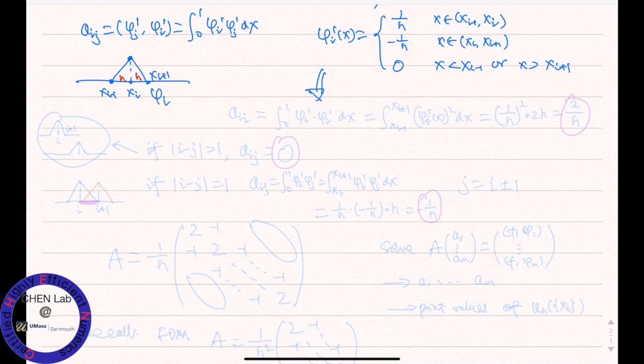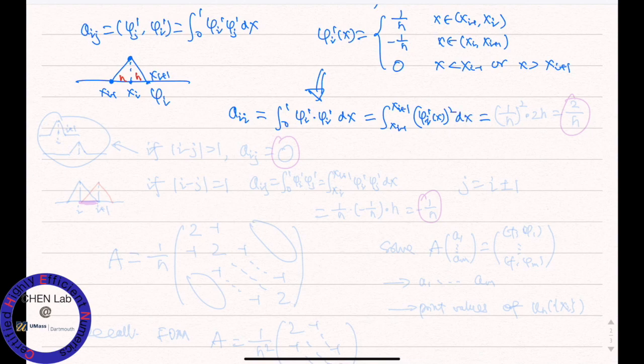Which means we can calculate a_ij. In particular, a_ii, when i is equal to j, is the integral of phi_i prime times phi_i prime dx. This function times itself is only non-zero between x_{i-1} and x_{i+1}. So it's the integral of phi_i prime of x squared dx.